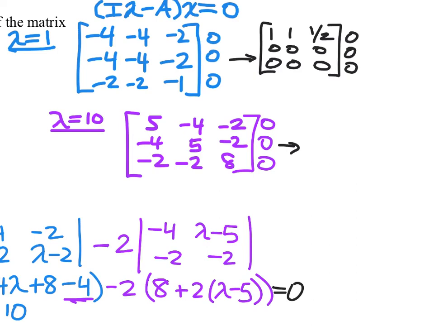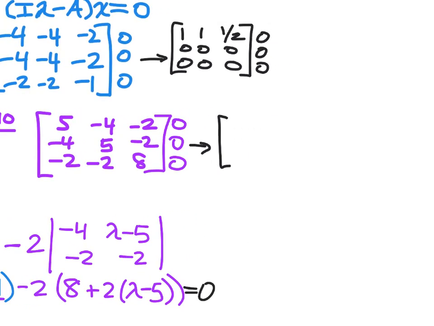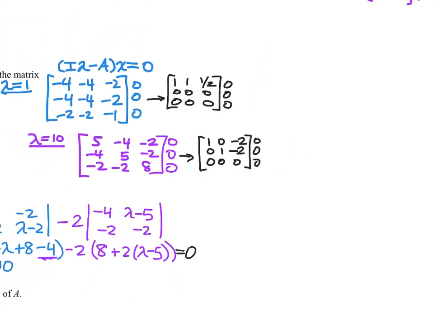And 8. Okay, little RF action going on right now. All right, so we've got a 1, 0, negative 2, 0, 1, negative 2, and a row of all zeros. I'll put this away temporarily.